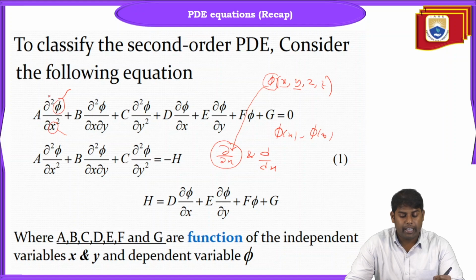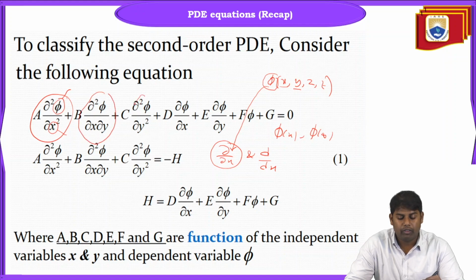Here we write a second order partial differential equation. The first term is dou square phi by dou x square. The second term is the mixed derivative, dou square phi by dou x dou y. The third term is dou square phi by dou y square, the fourth term is dou phi by dou x, the fifth term is dou phi by dou y, and then the constant terms are equal to 0.